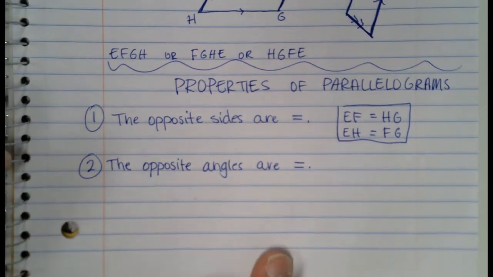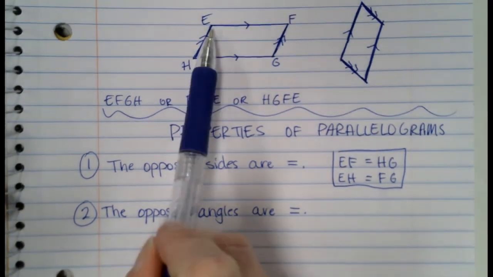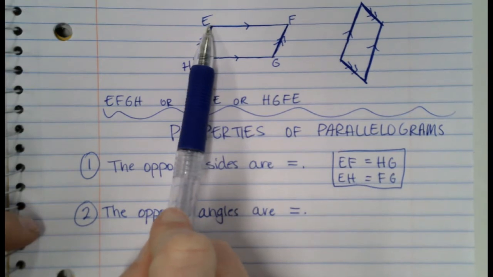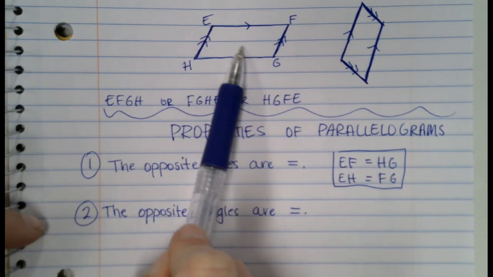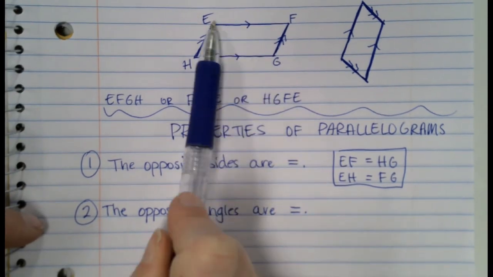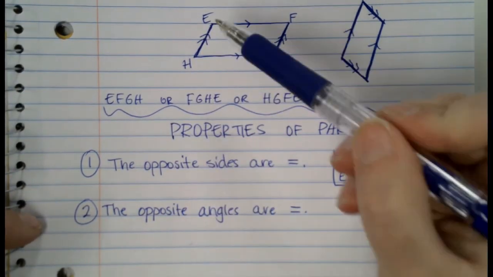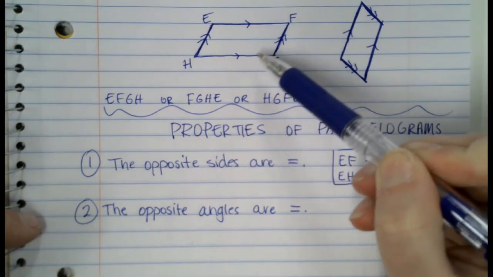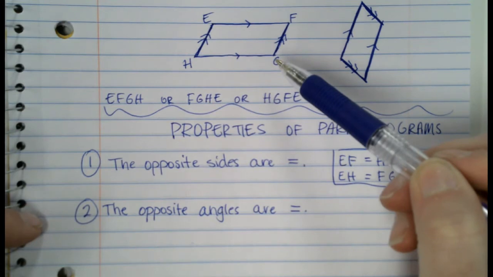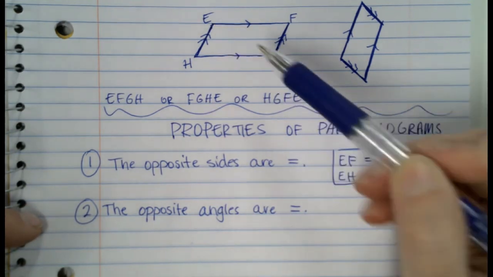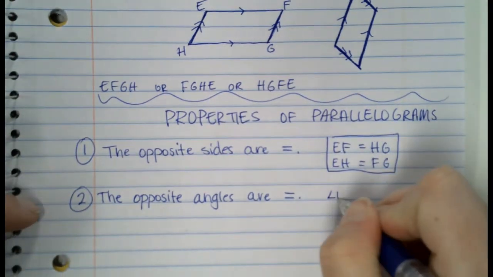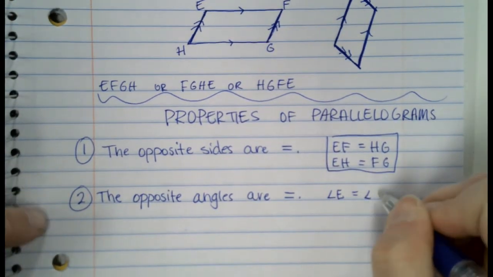So, for example, up here in this parallelogram, which angle do you think is opposite from E? Help me out, guys. Opposite from E? G. These are opposite angles, and if you look at them, they look to be about equal. Is this an obtuse angle here? Is this an obtuse angle here? That doesn't necessarily mean that they are equal, but they are, because they are in a parallelogram. They're opposite from each other. So angle E is equal to angle G.